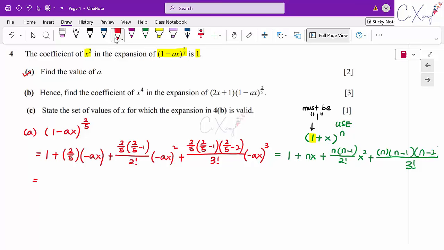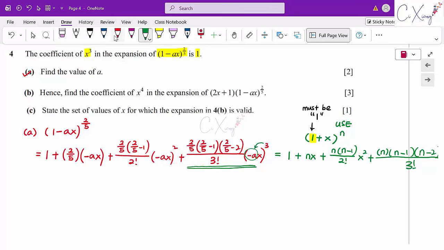Okay, alright, then given that the coefficient of this x power 3 is equal to 1. Alright, so what we are going to do here is use the coefficient of x power 3. So what is the coefficient of x power 3? Basically, it is this one, including the negative a with power 3.